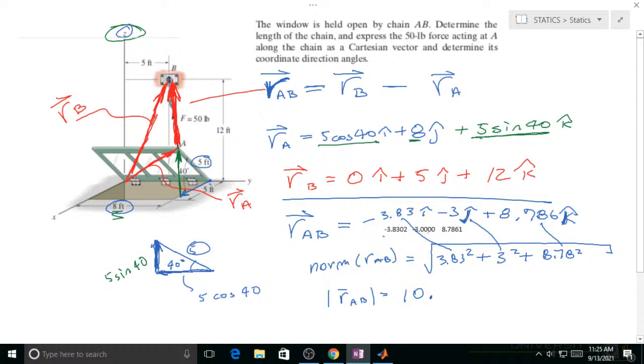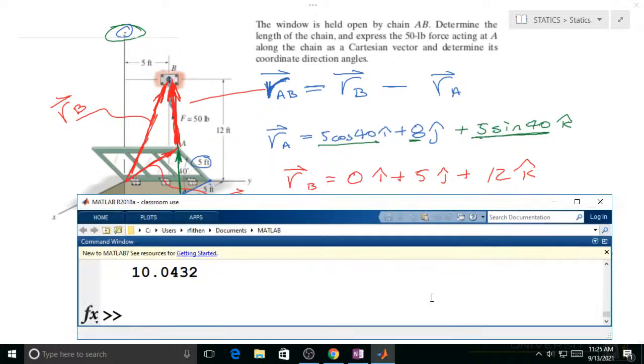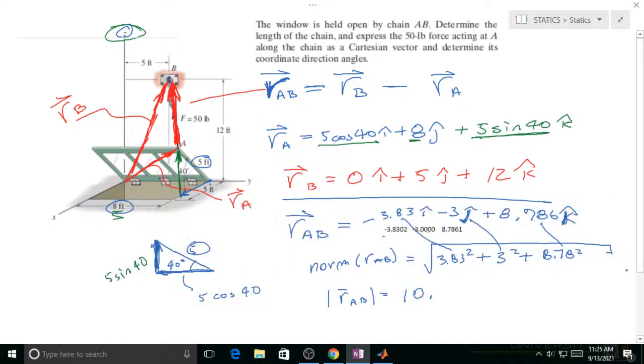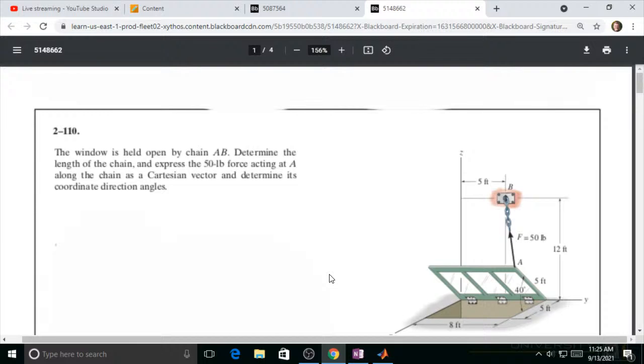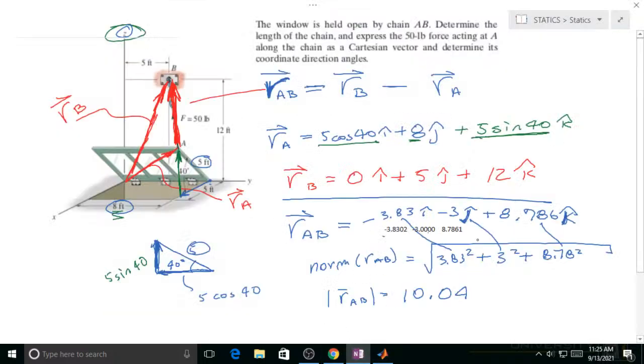Wait a minute, hang on, 10.04. Now, I can go check that. Wasn't that one of the things he asked? That was one of the things, right? No, well, he just says 10 feet. There's some digits there. Okay, back to my stuff.